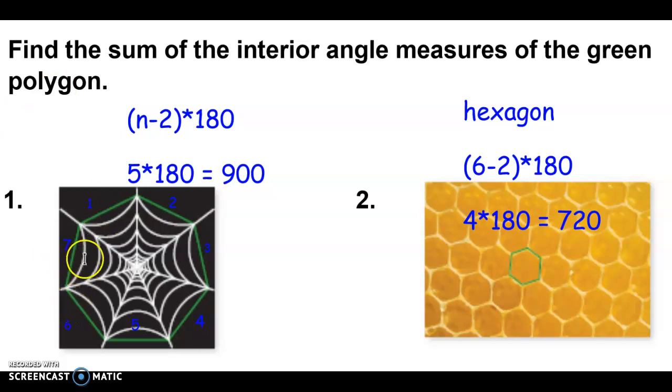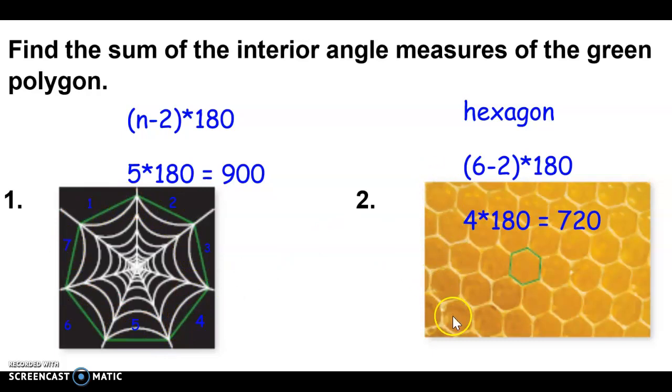So this is a picture of a spider web, but if you look, they can draw this kind of green polygon around the outside, and in blue letters I went ahead and counted, so you can see it's a septagon. It has 7 sides, so n minus 2 would be 5, and 5 times 180 is 900. There's 900 degrees inside this polygon.